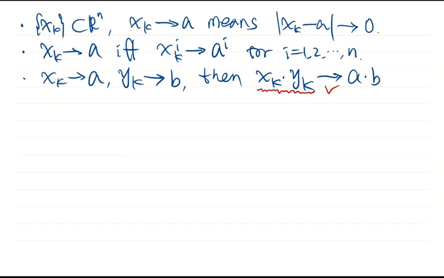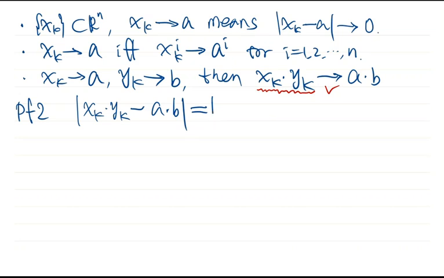Now I will provide you another proof of the same result without using the component-wise convergence. How to prove this? The second proof. To prove that this sequence of real numbers converges to this number A dot B, we should estimate the absolute value of xk dot yk minus A dot B. We applied a classical trick to add some point and subtract that point from the result.